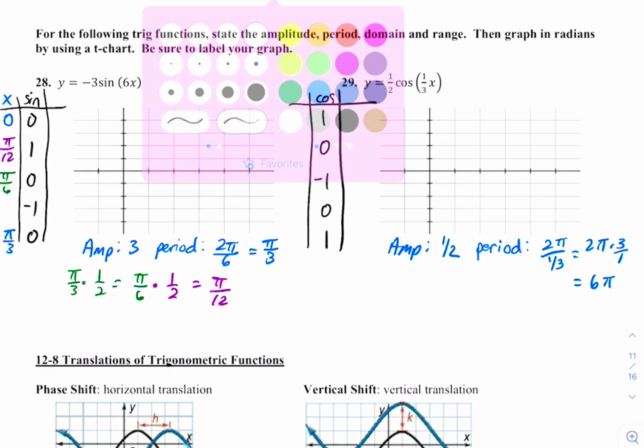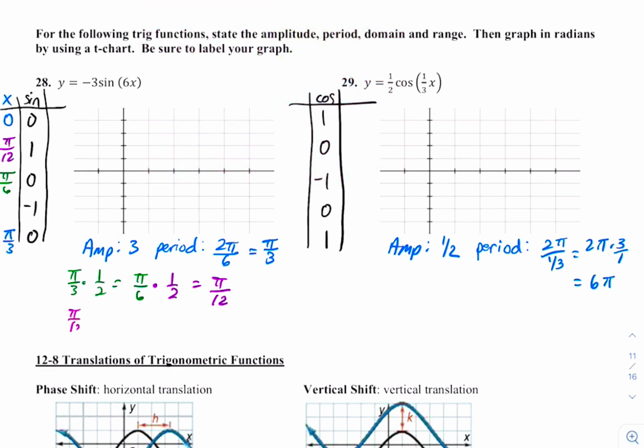And then last, we are adding that pi over 12 plus pi over 6. So we will need that common denominator. So this will have to become a 12, so I'm multiplying by 2. So then the top part will become 2. So that means that this will be 3 pi over 12, which we would then simplify to be pi over 4.